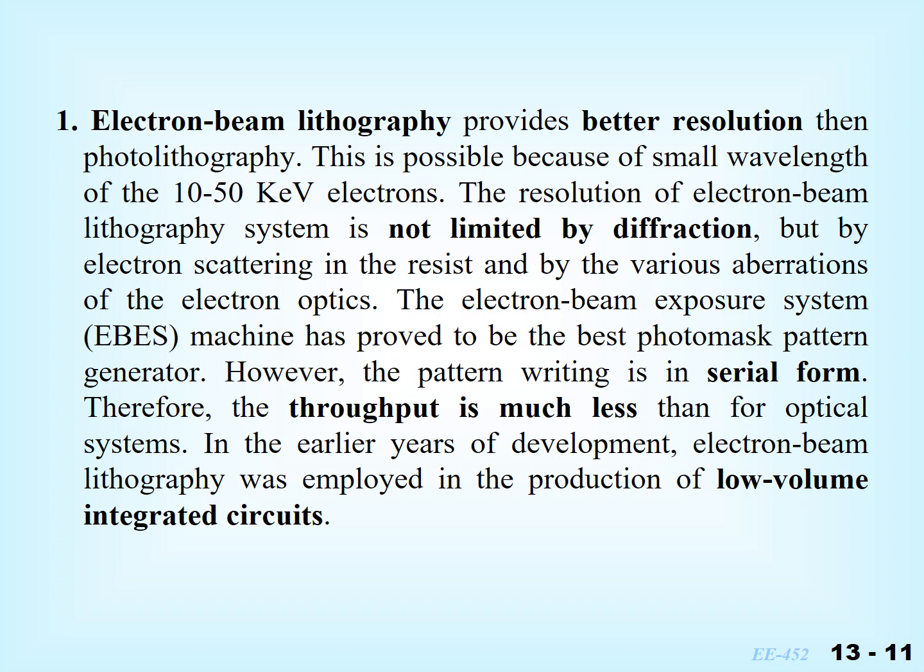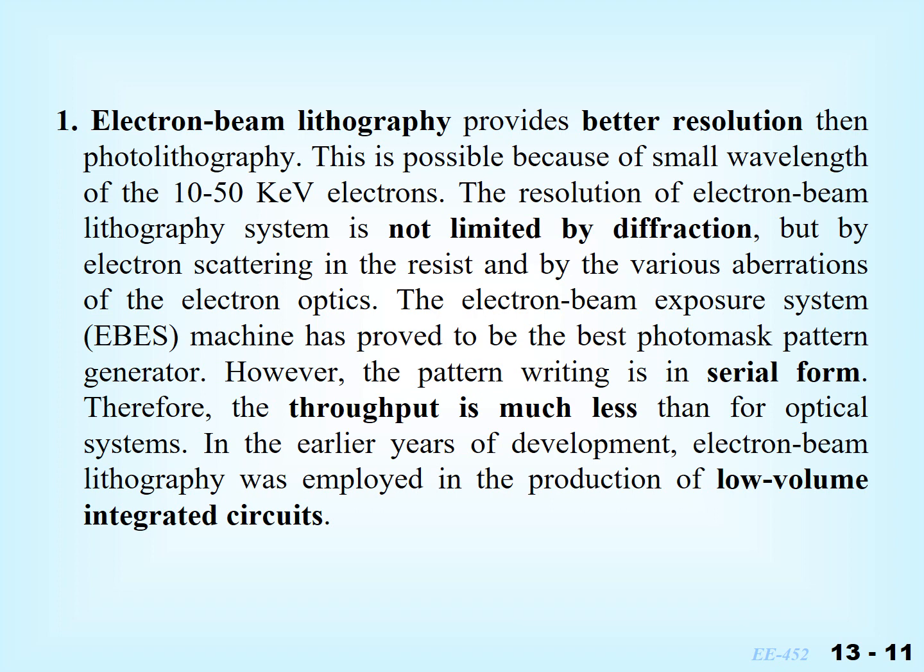Other than photolithography, electron beam can also be used, because it has a better resolution as compared to photolithography. You know that light is affected by diffraction, so there will be certain problems at the edges of the mask.